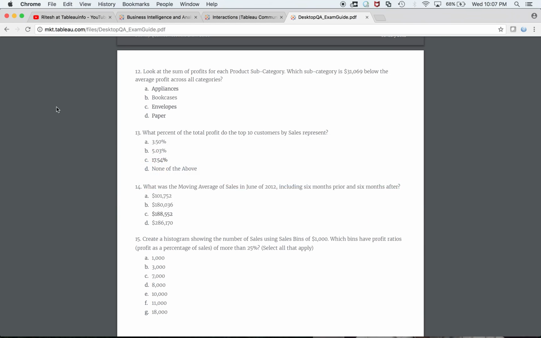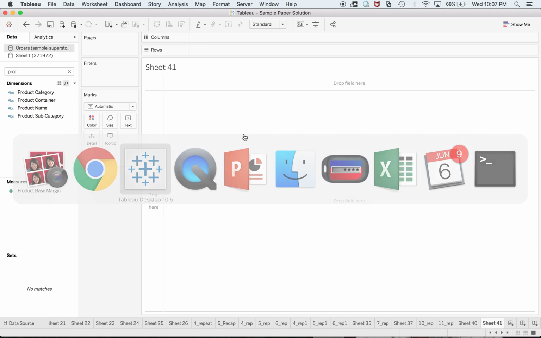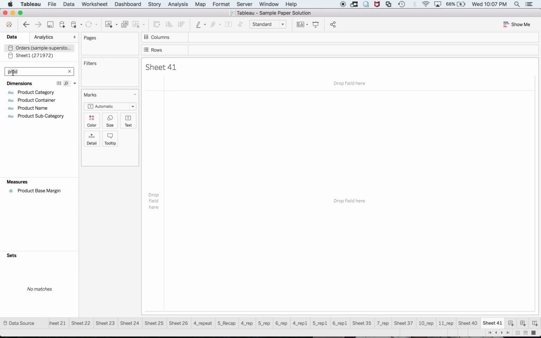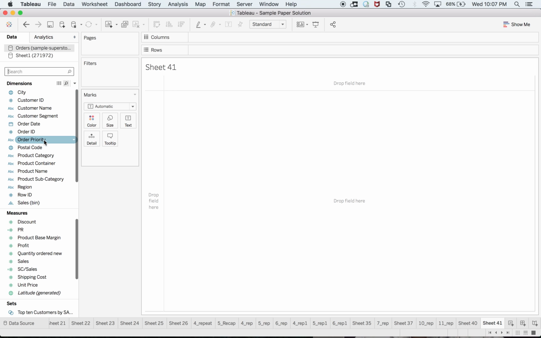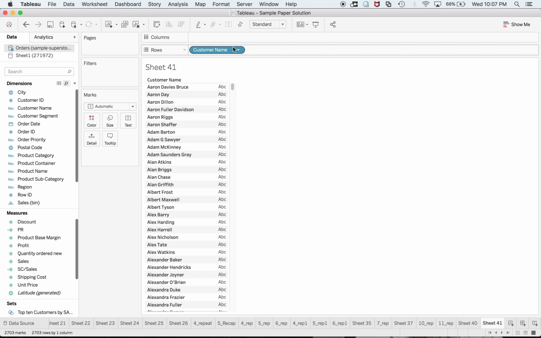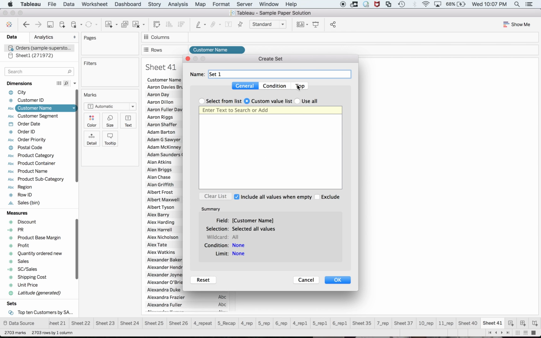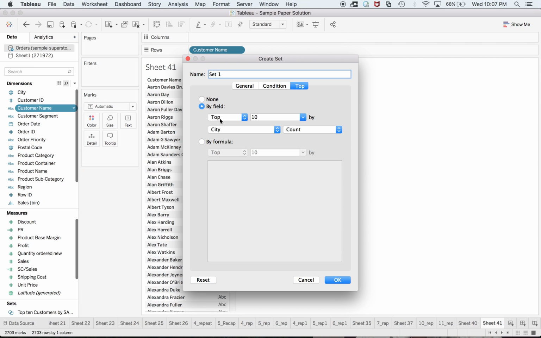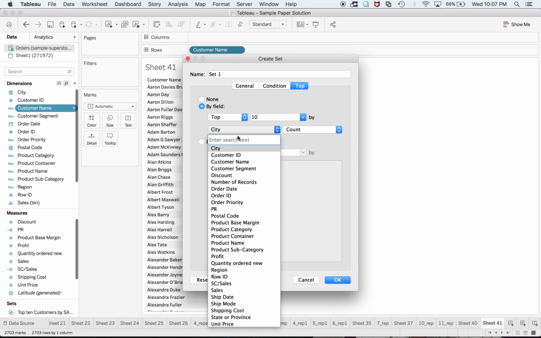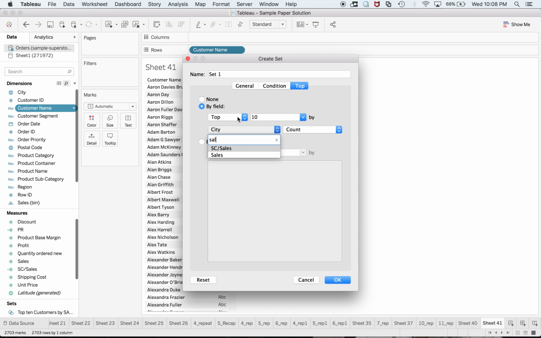So let's see the question. What percent of total profit do the top 10 customers, which is a set based upon customer? Okay, so let me create a set and top 10 by sales.